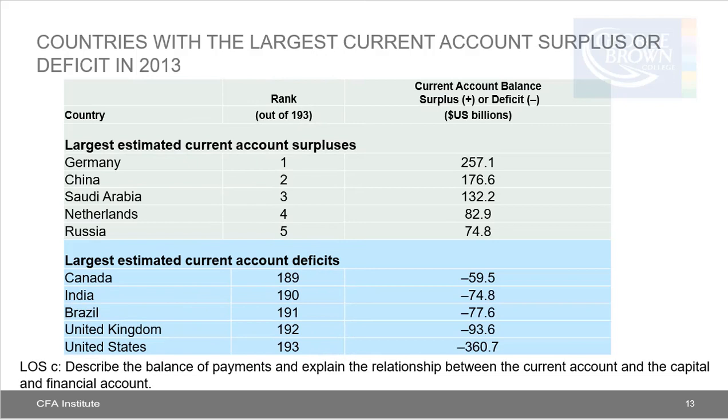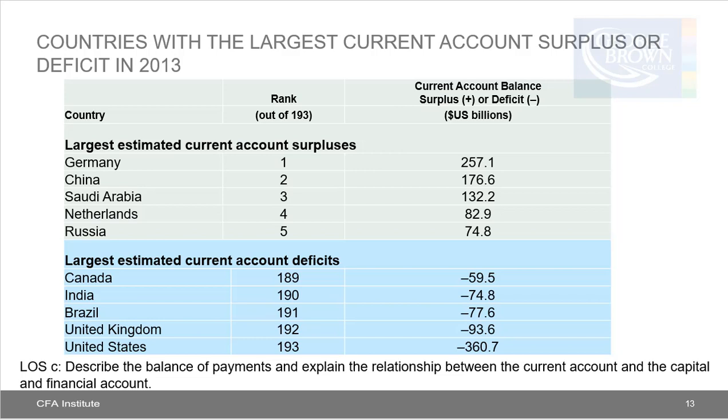Very quickly on this slide, it's a table that's in the text. We're looking at countries with the largest current account surplus or deficit, going back to 2013. The countries that have large current account surpluses, Germany, China, Saudi Arabia, Netherlands, and Russia, are saving. These countries have more inflows than outflows, and have the ability to lend to other countries.